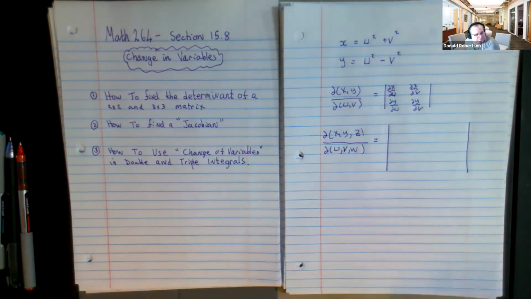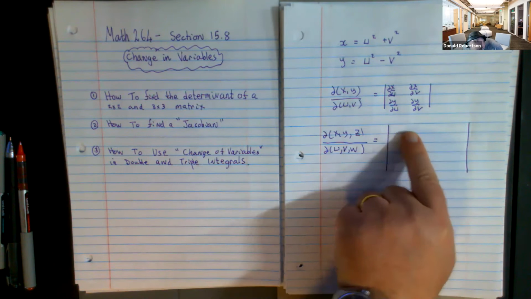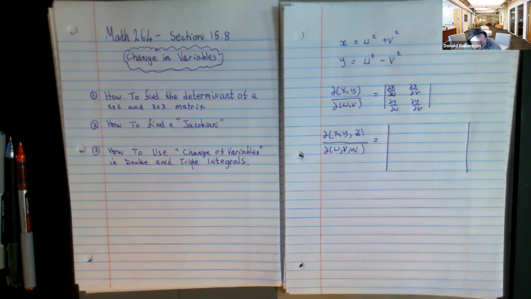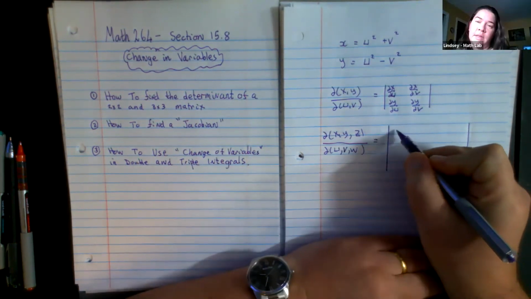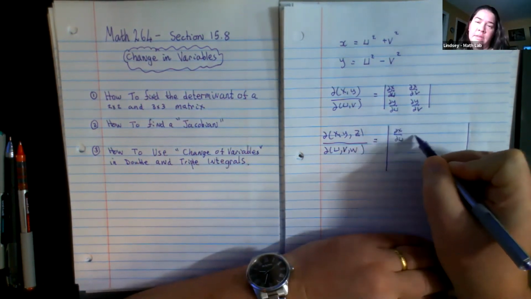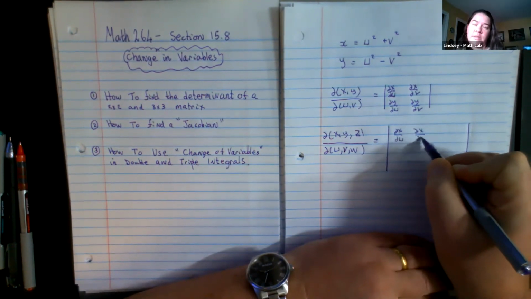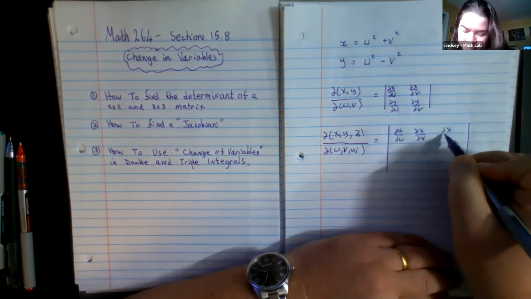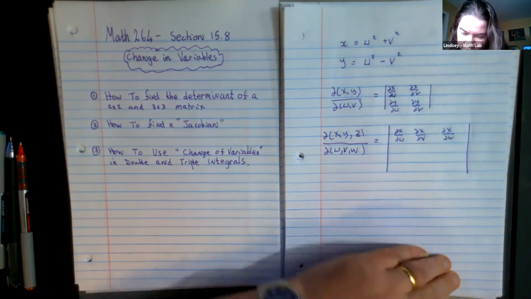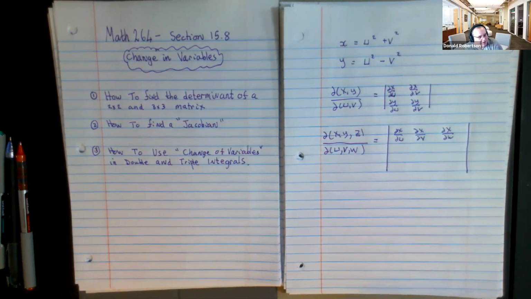Think pattern, think extending pattern. What do you think the top row would look like for a 3x3 Jacobian? Delta x, delta u, delta x, delta v, and delta x, delta w. Does that make sense? Can you see the pattern being continued?